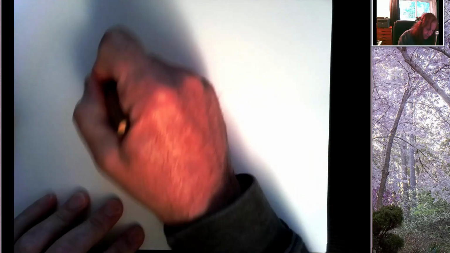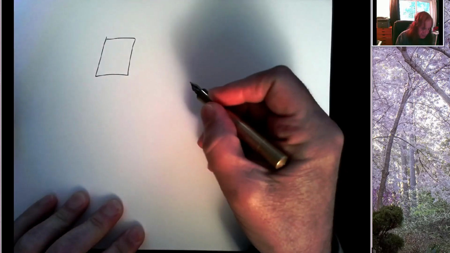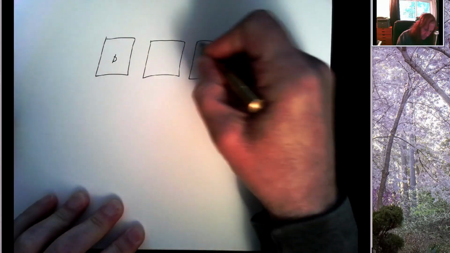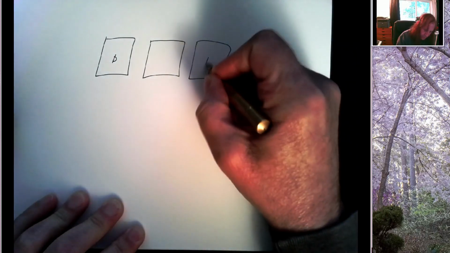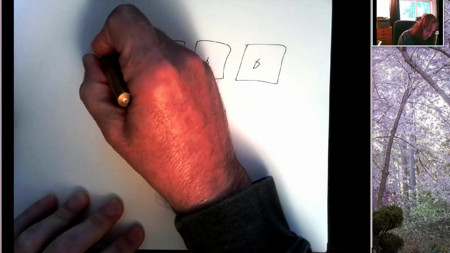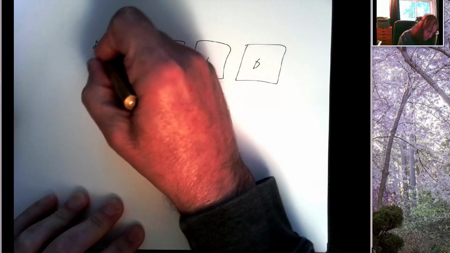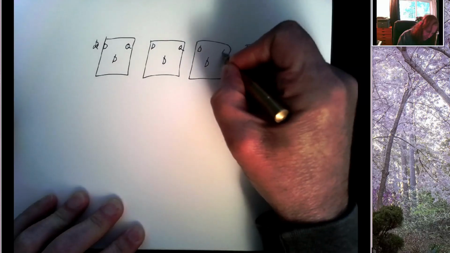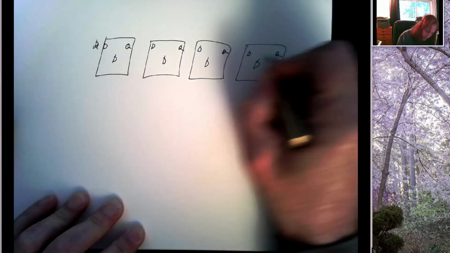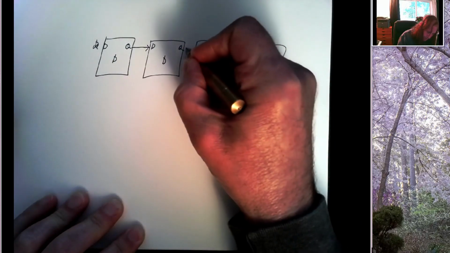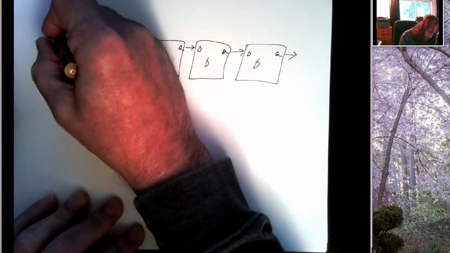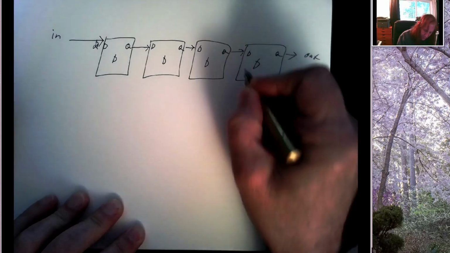So the basic idea is if we have something like a D flip-flop, let's imagine a series of these, and suppose we take the output of one flip-flop and connect it to the input of another flip-flop, and we have some original input and we have some final output.